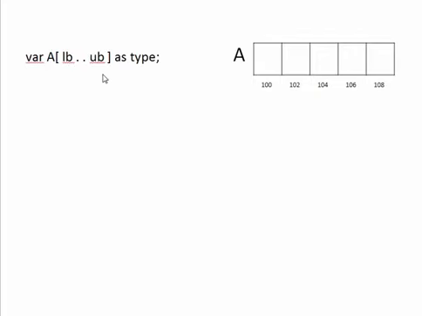Before C language, some languages used to allow the indices starting from any index and ending at any index. Let us say we can declare an array A of -3 to 5 of some type, let us say integer. Even this was allowed. If the language is allowing indices like this, it depends on the compiler.